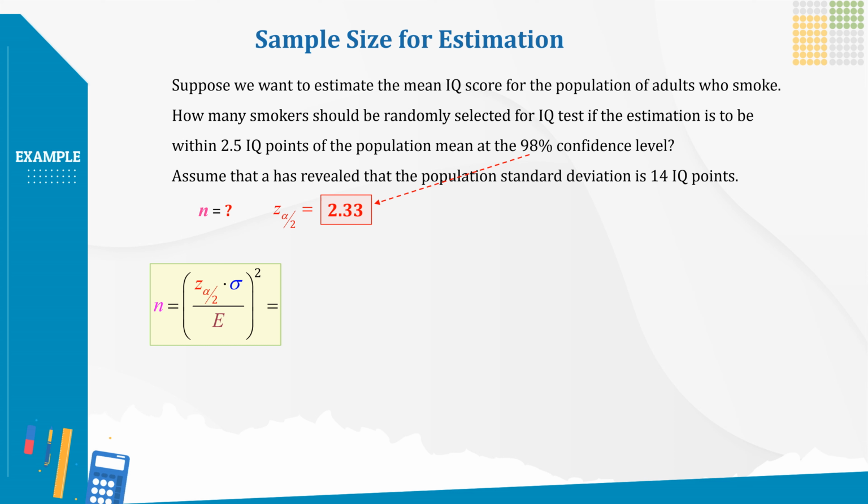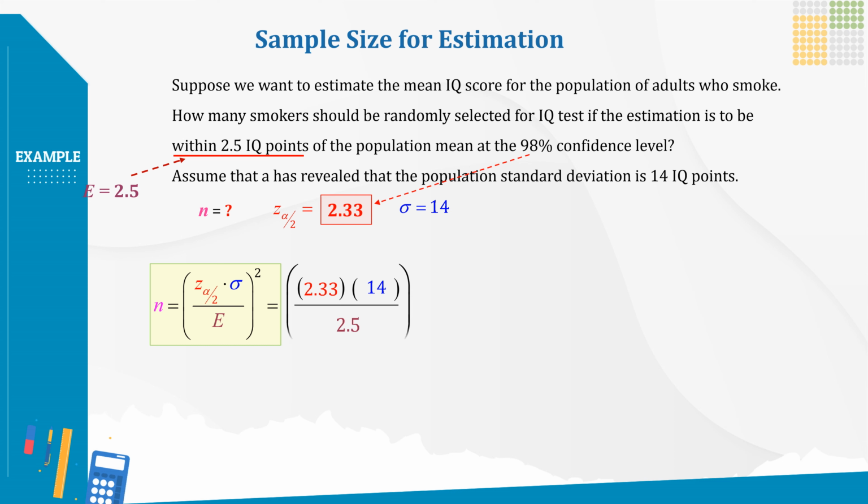As for the standard deviation, it is given as 14. For the denominator, margin of error, the keyword from the question text, within, indicates 2.5. Then we substitute each value into the proper position.